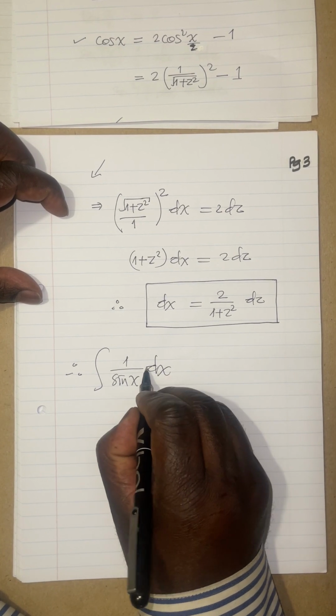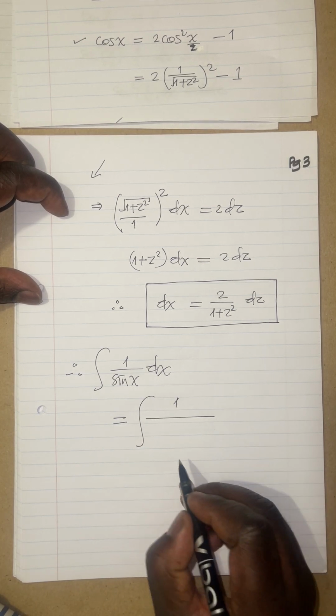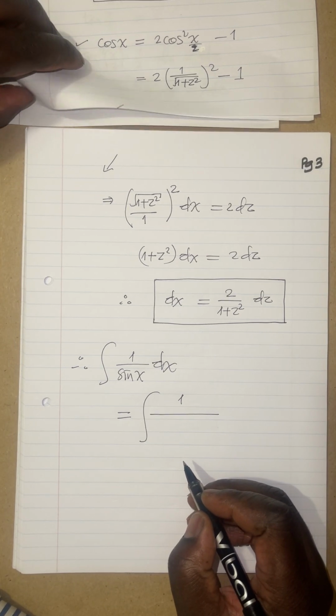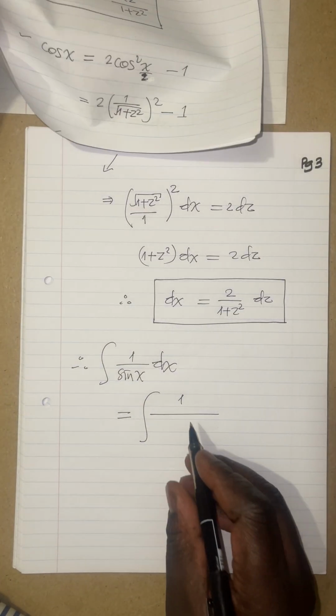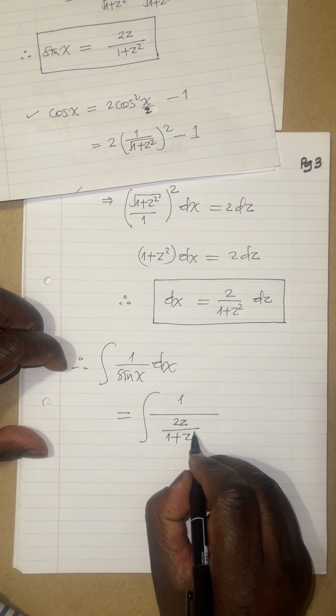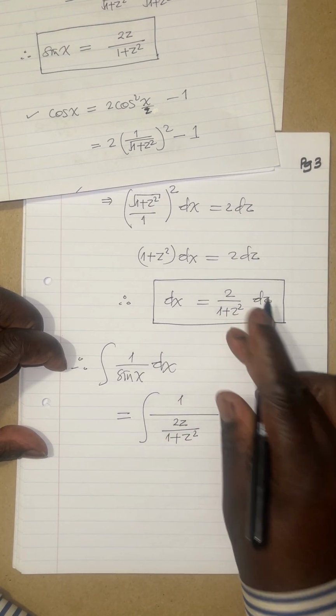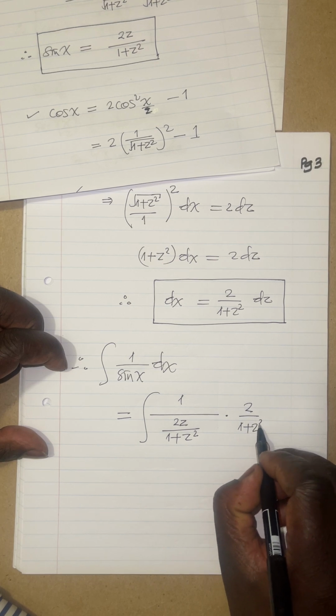dx changes to the integral of 1 all over, what is sine x? Well, sine x is this expression here, 2z over 1 plus z squared. So 2z over 1 plus z squared. And then what is dx? Well, there is dx times 2 over 1 plus z squared dz.